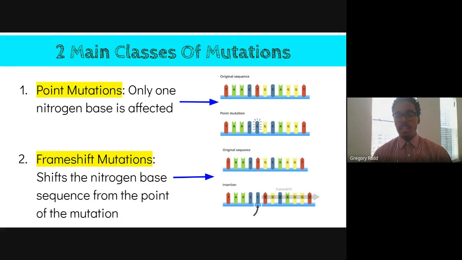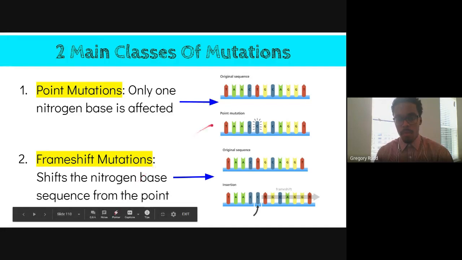So that means that that nitrogen base that should be a T in this case is actually becoming a C. That's a point mutation.